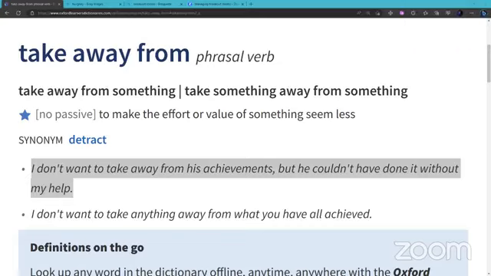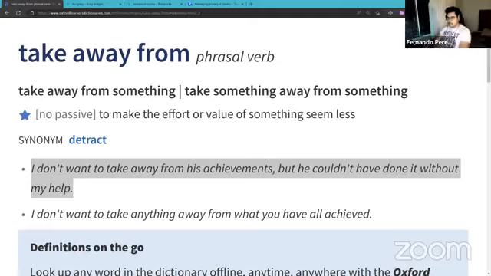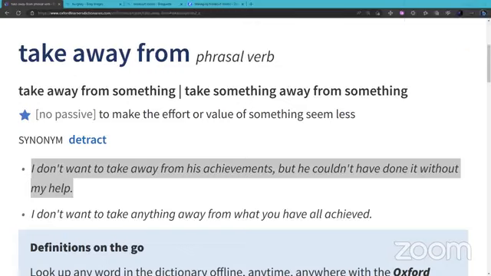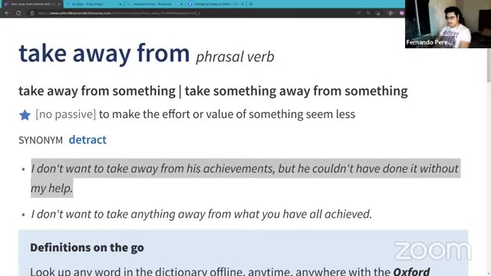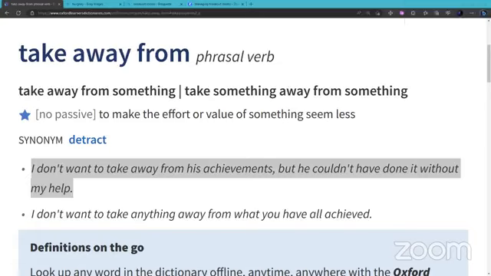I don't want to take away from his achievements, but he couldn't have... Teacher, I don't know how I can replace it.